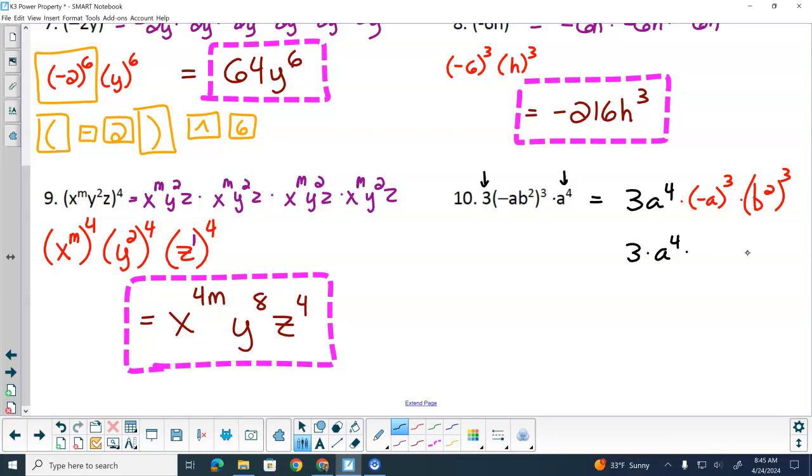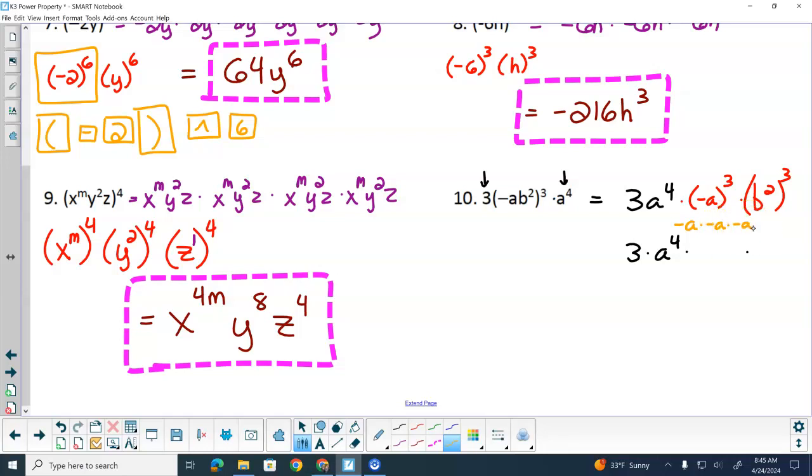Negative a to the third power. Open for anybody. So what's negative a times negative a times negative a? Let's write it out then. So this would be negative a times negative a times negative a.